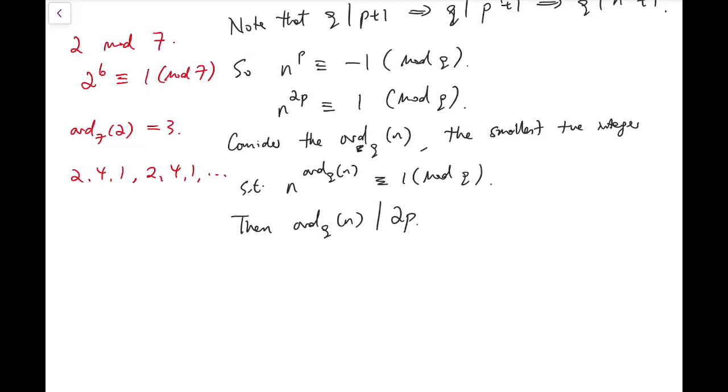And it's special because p is an odd prime, so there are actually very few possibilities. This order could only be 1, 2, p, or 2p. We only have 4 possible cases.